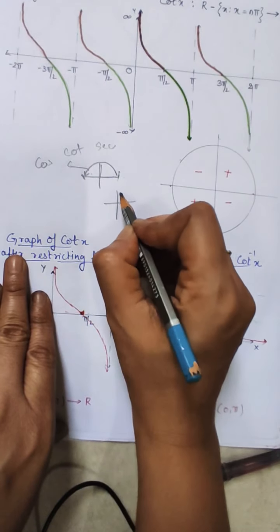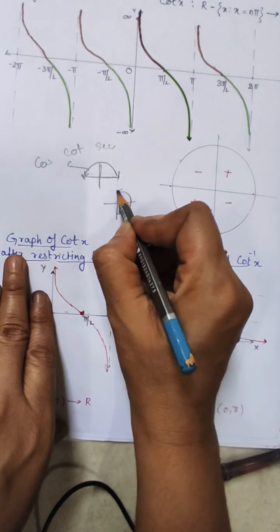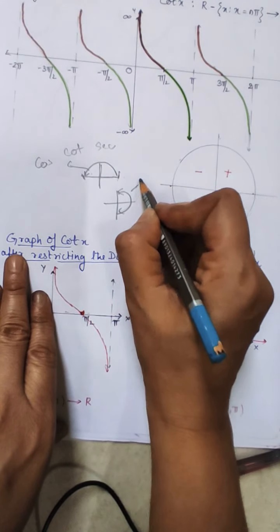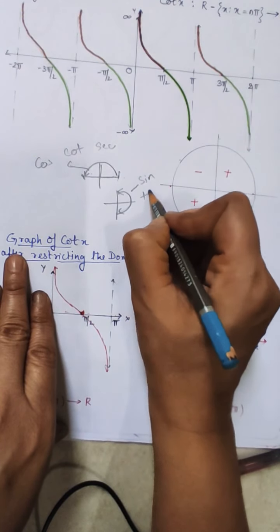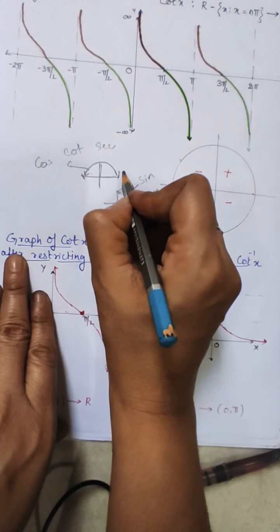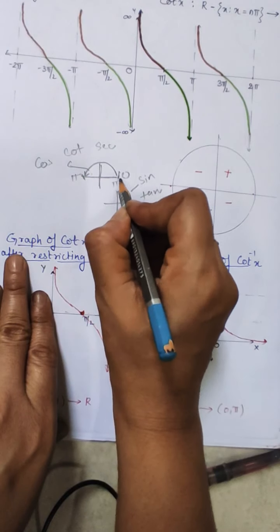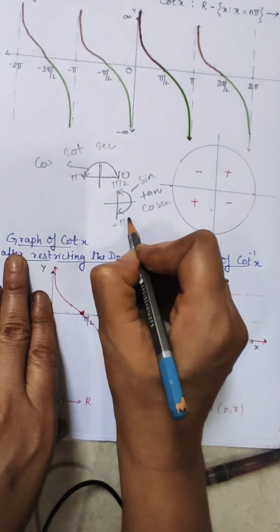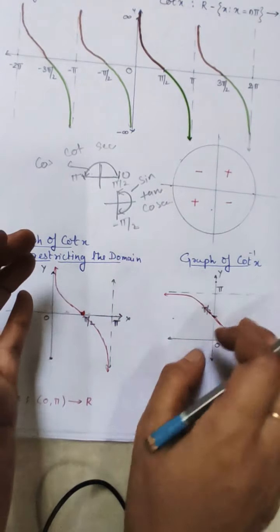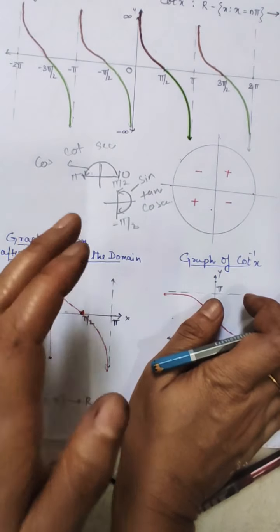Similarly, for sine, it is a semicircle pattern of selection of the domain. This works for sine, tan and cosec. Now you know that this is 0 and this is pi, this is pi by 2 and this is minus pi by 2. Where pi has to be included, where it has to be kept an open interval, where it has to be kept a closed interval, that only you have to remember.